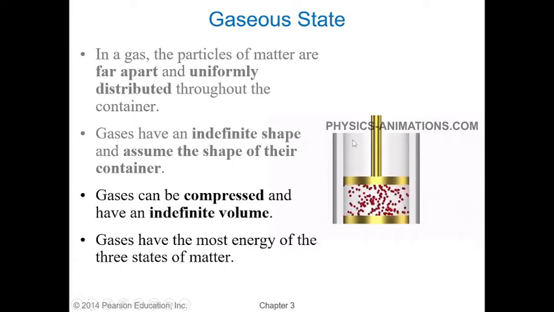As you can see here, before the force was applied, before compression was made, it has a bigger volume. But now that the gas is being compressed, the volume becomes smaller. So that's why gases have an indefinite volume.